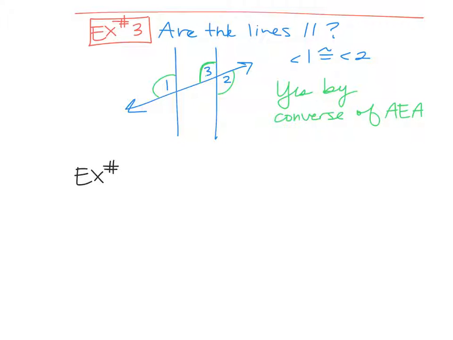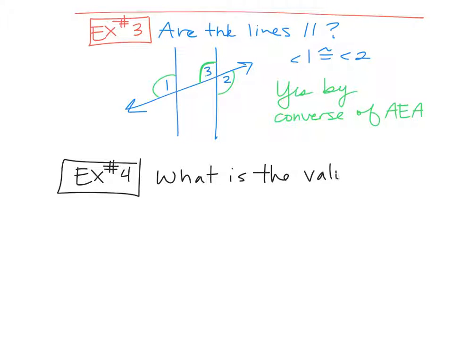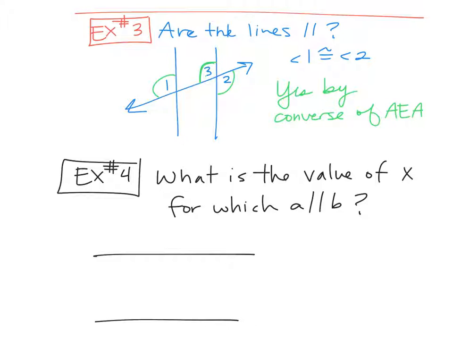Okay? All right. Last one, and this one is going to look really similar to what you did yesterday. It's just the way they word it is different. It says, what is the value of x for which line A is parallel to line B. Okay, you don't do anything different than you did yesterday.